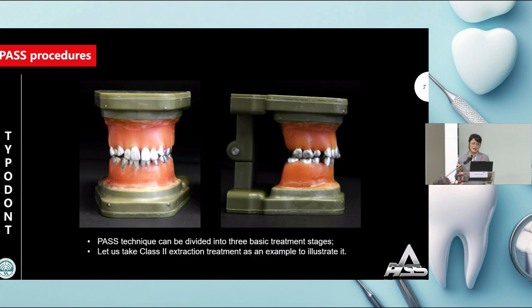Okay, let's take the typodont model to view the PASS procedure. The PASS technique can be divided into 3 basic treatment stages, each with its own objective. Let's take a class 2 extraction treatment as an example. The absolute distal molar relationship with 4 first premolars extracted, as you have in your hand.